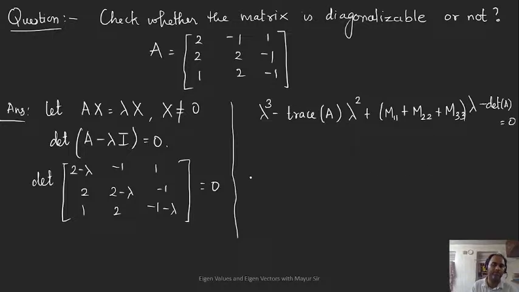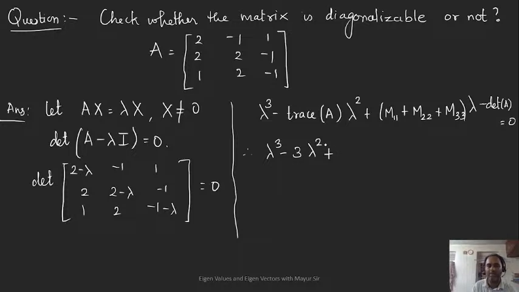So this is the formula. Therefore lambda cube minus, when you do the trace, it is 4 minus 1. So 4 minus 1 will be 3 here, so 3 lambda square.